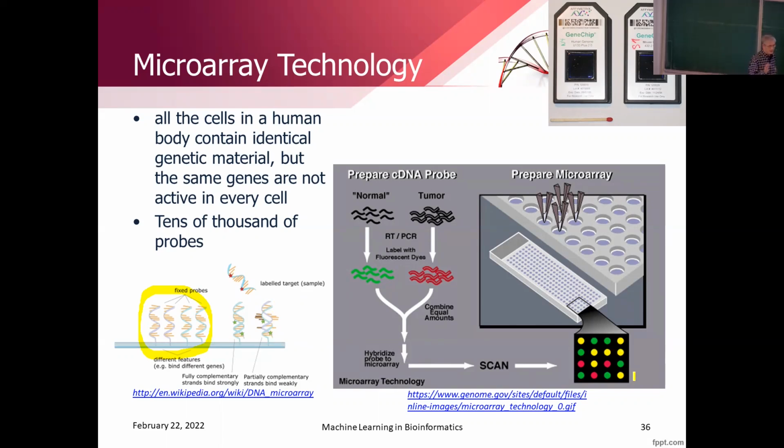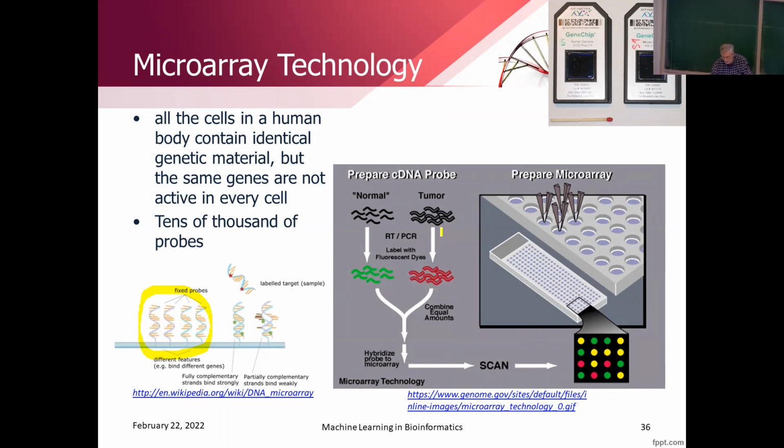The color is after lighting some laser on the chip, and if the spot is green, then we know the substring corresponding to the spot is present in the normal sample, and not in the sample from tumor.